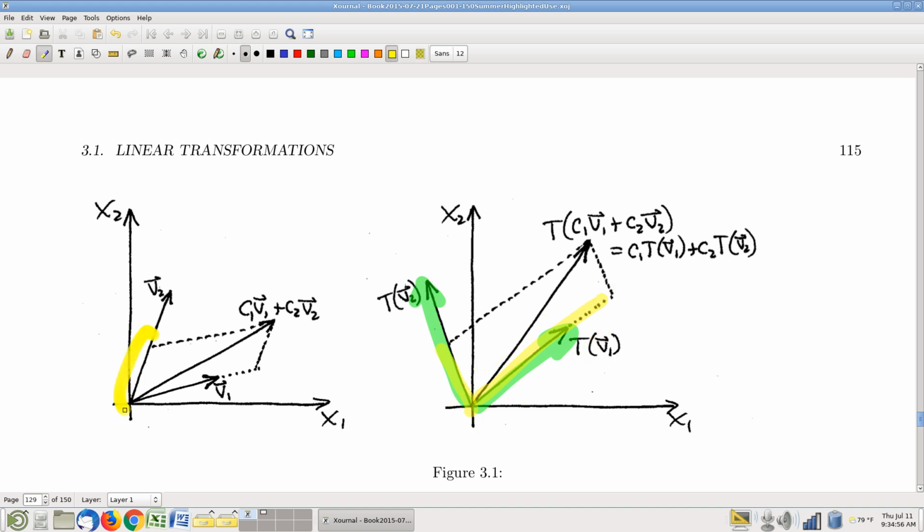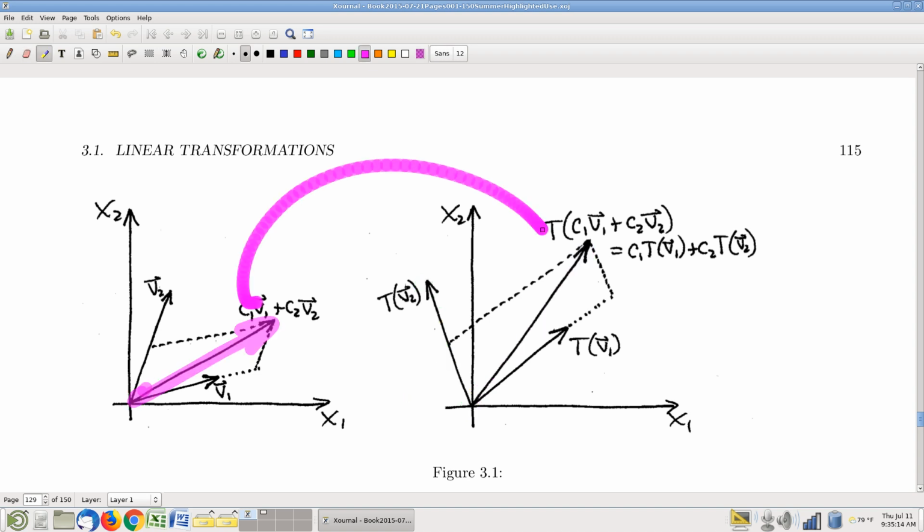Likewise, take about half of the second output vector. And if you take that linear combination, the idea is that the input linear combination has as its image the output linear combination.